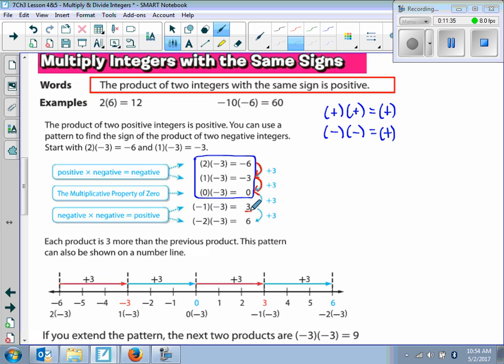And then 3 plus 3 is positive 6. Does everybody see that? So that means negative 1 times negative 3 is equal to a positive 3. Negative 2 times negative 3 is equal to a positive 6. So this pattern shows you that a negative times a negative is a positive.